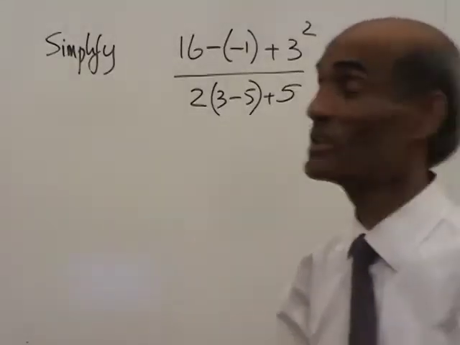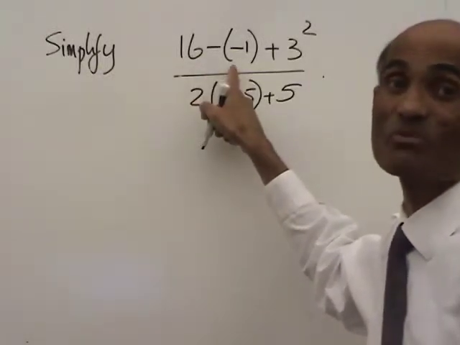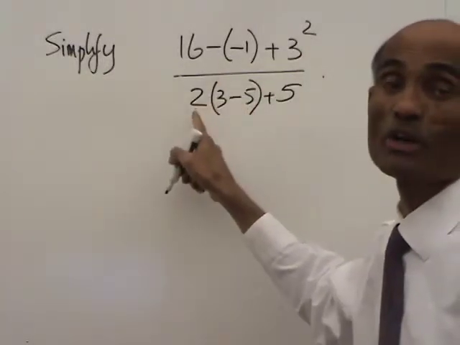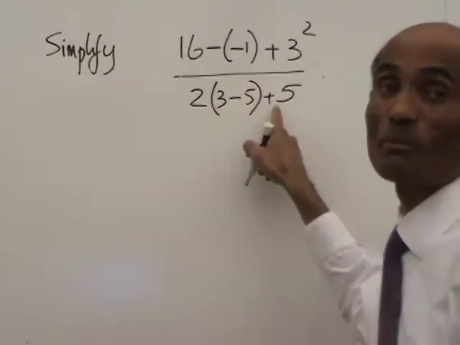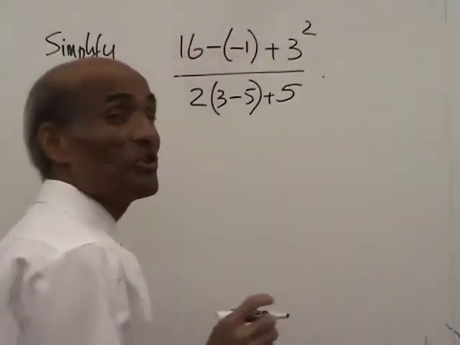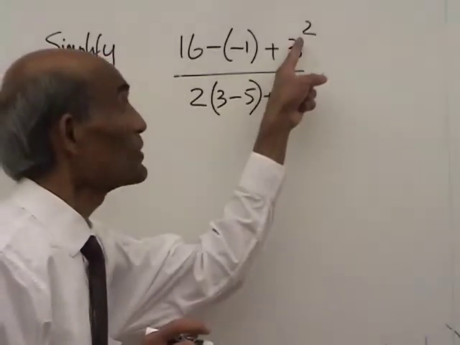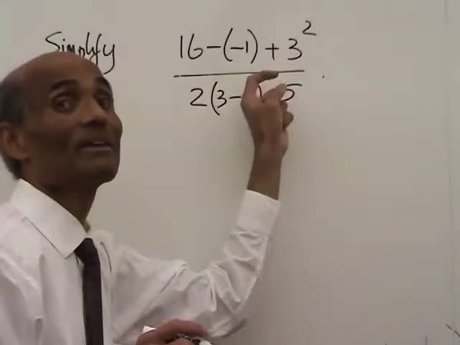Another simplification. Simplify 16 minus (-1) plus 3 squared, all over 2 times (3 minus 5) plus 5. Well, identify what you're going to do there first. First of all, you can simplify 3 squared. 3 squared is 9.